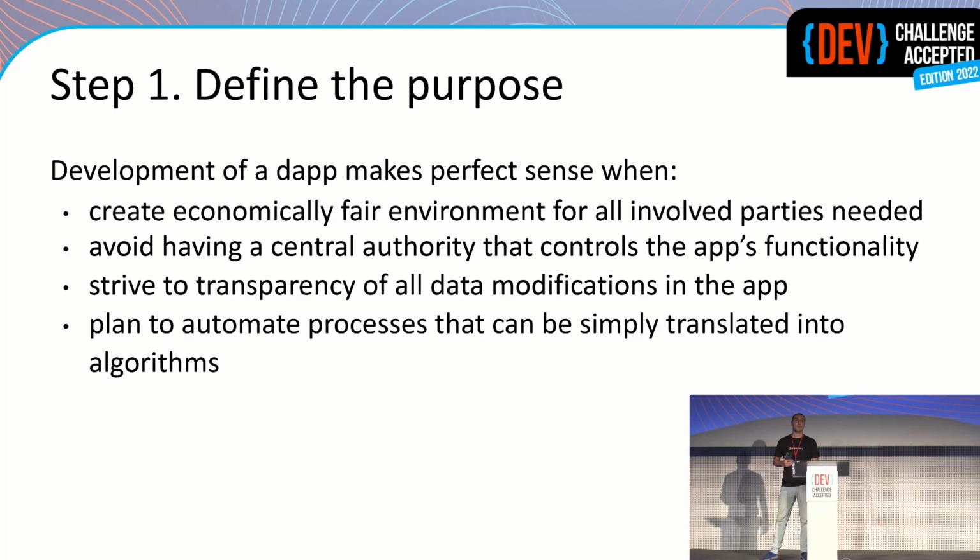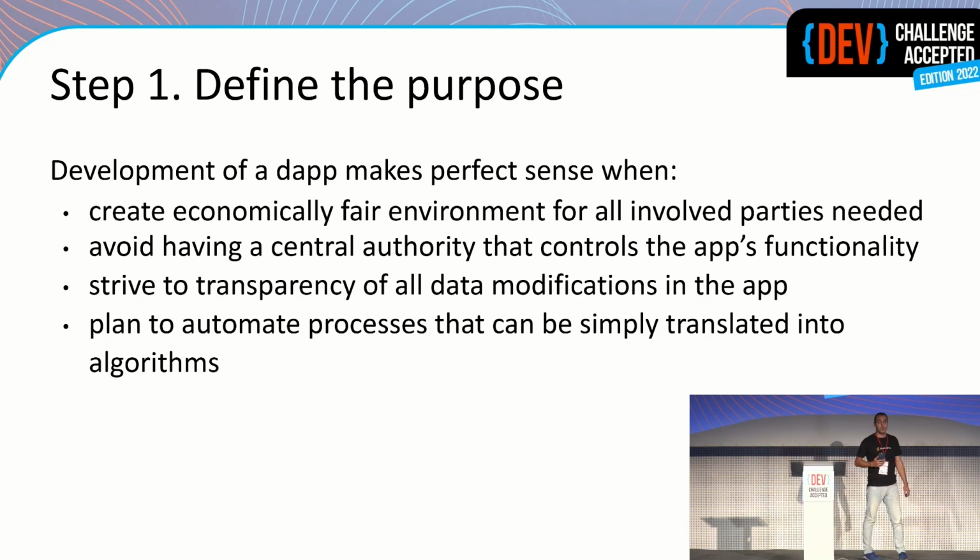First of all, we need to define the purpose. Who will use your dApp and what is its incentive for using it? You can create a decentralized application when you need to create an economically fair environment for all involved parties, or you need to avoid having a central point that is controlling your app.